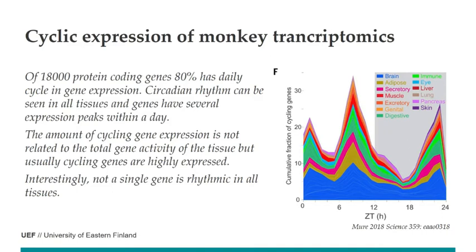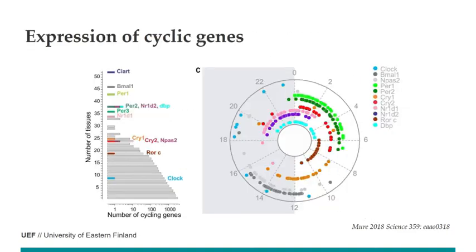So although we have learned that in the suprachiasmatic nucleus we have the main clock with PER and TIM and CLOCK, etc., in some other tissues they use different mechanisms. And when they've been testing, over here on the left-hand side you can see that in some cells there exist several thousand cyclic genes, so genes that are expressed more at a certain time of the day.